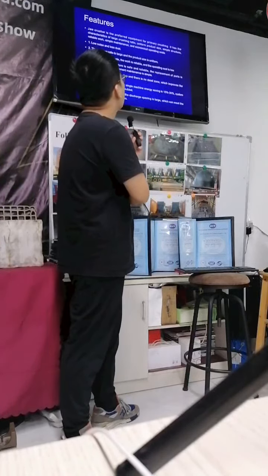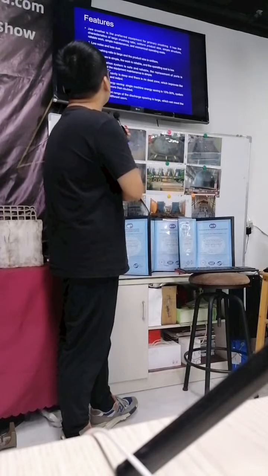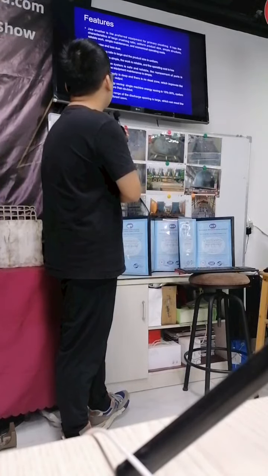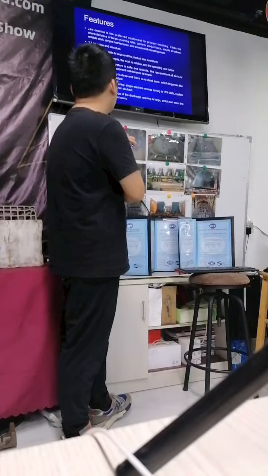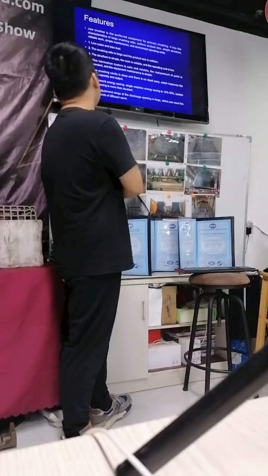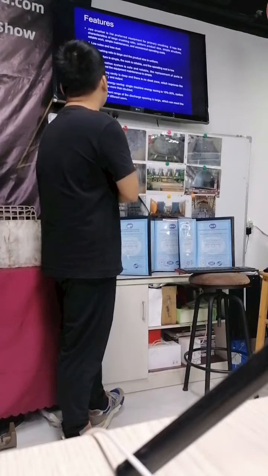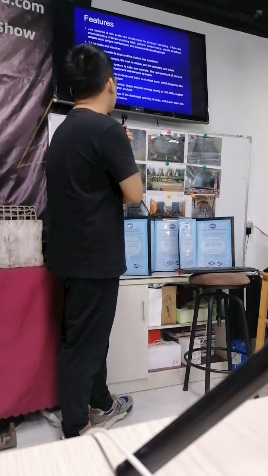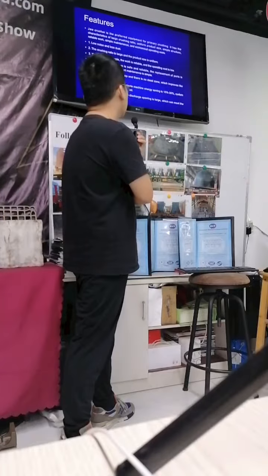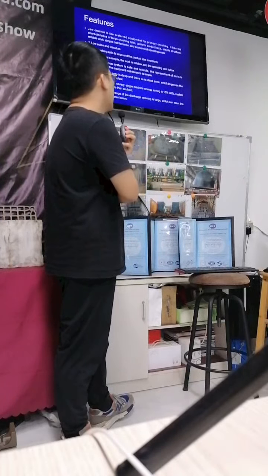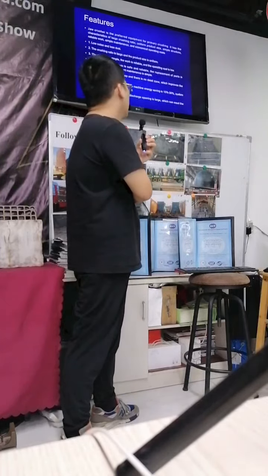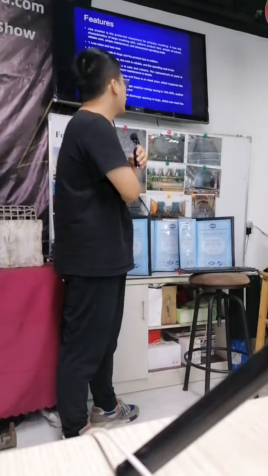The fifth advantage of our jaw crusher is the crushing cavity is deep and there is no dead zone, which improves the feeding capacity and output. The sixth advantage is the equipment energy saving. The single machine energy saving is about 15% to 30%.